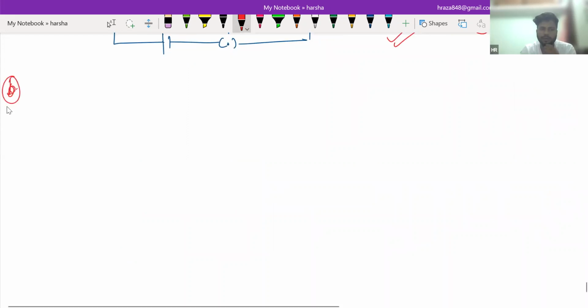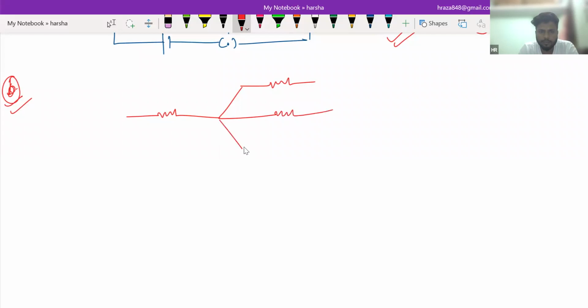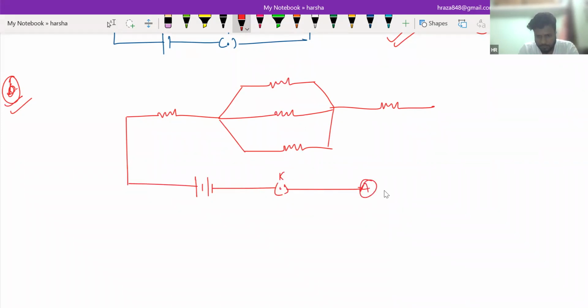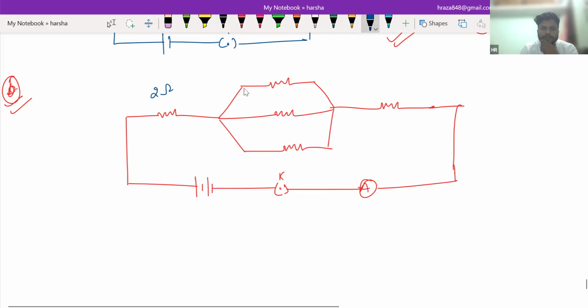Calculate equivalent resistance, the B part of this. I'm giving you a very easy question. Two ohm, 2 ohm, 2 ohm, 2 ohm, 2 ohm.